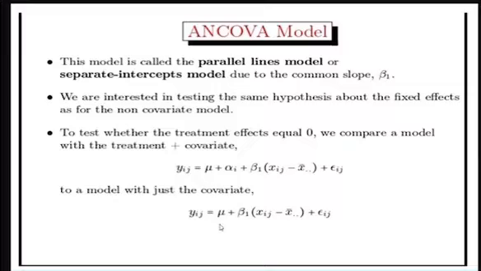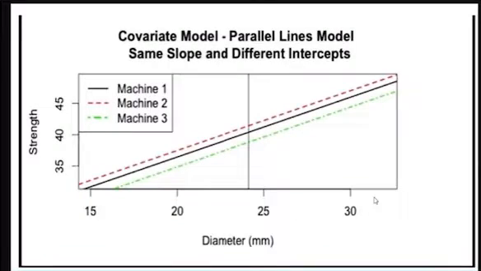If you want to know how significant the treatment is, you can compare these two models. The second model is a special form of the first model, and the first is a general form of the second. When alpha i equals 0, you get the second model, which means the treatment doesn't have any effect. Take a look at this.